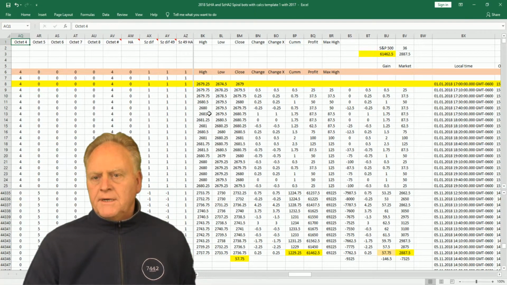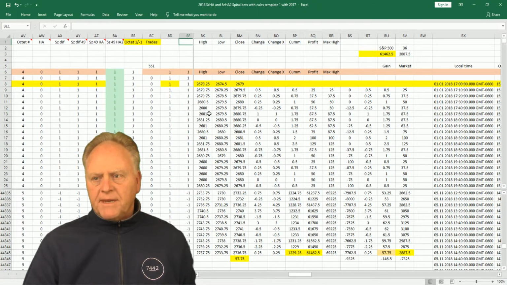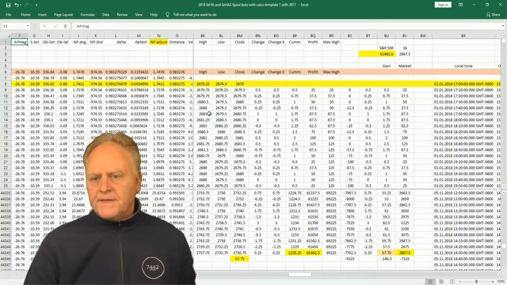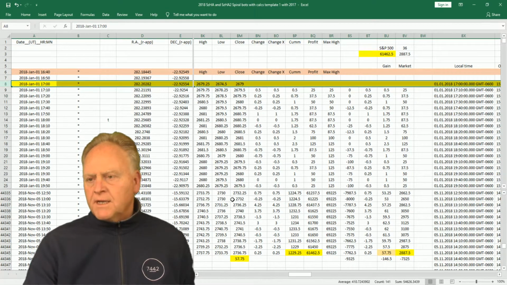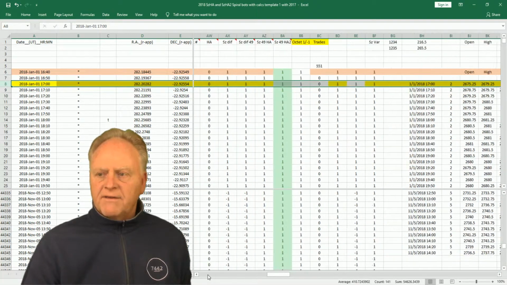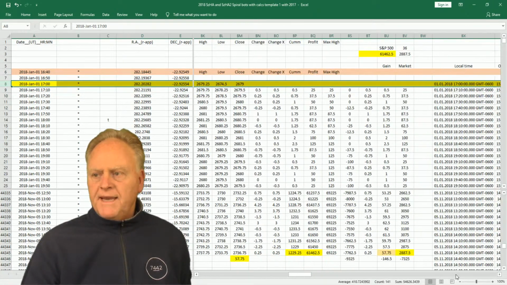Where is it? Up here. And a singularity, different characteristics. So I kept it basic, and then I made sure that the NASA data periods lined up with the market data periods. So my beginning date would be January 1st, 2018 at 5 o'clock. Then I made sure the market data matched up with that as well.